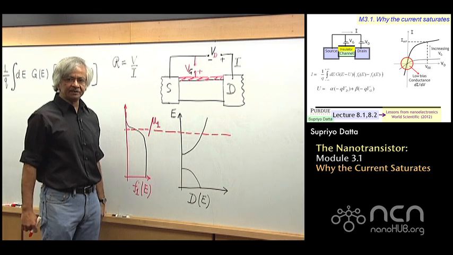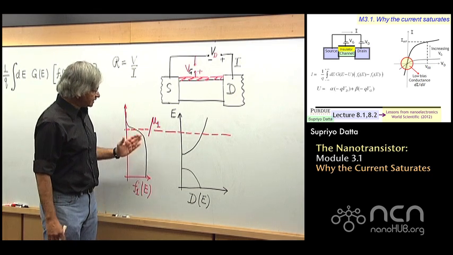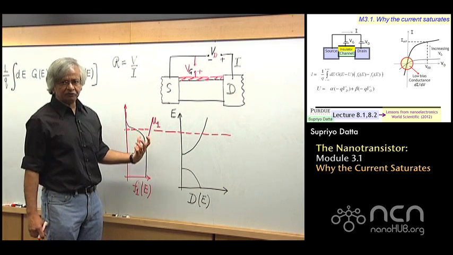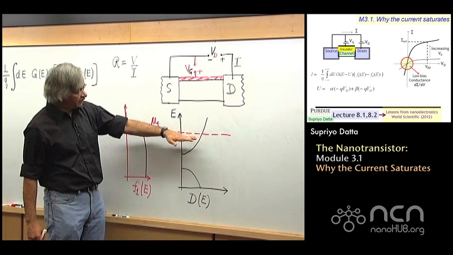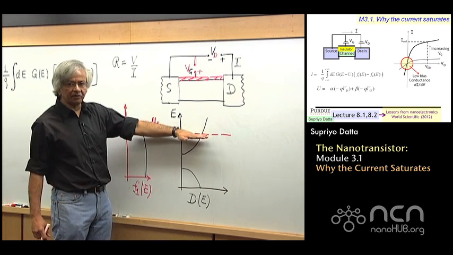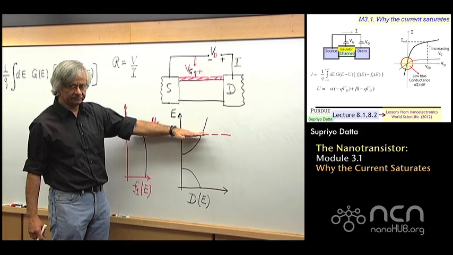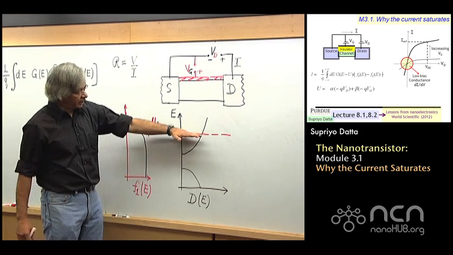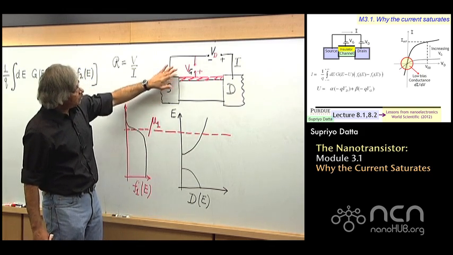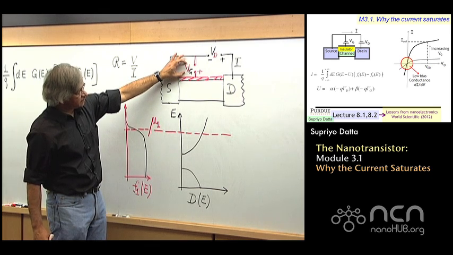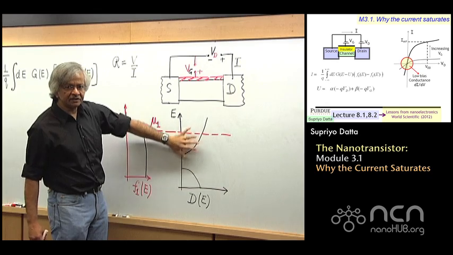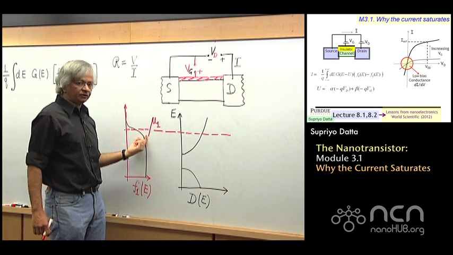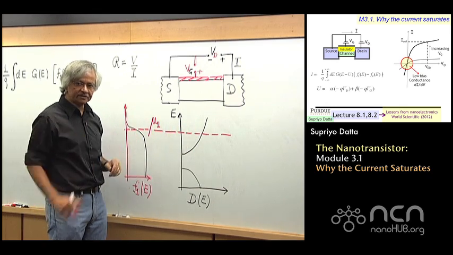And the basic concept that we discussed earlier is that how much current flows or what resistance you get depends on the availability of states right around the electrochemical potential, right here. And what the gate voltage does is to move these density of states relative to this electrochemical potential in the contacts.